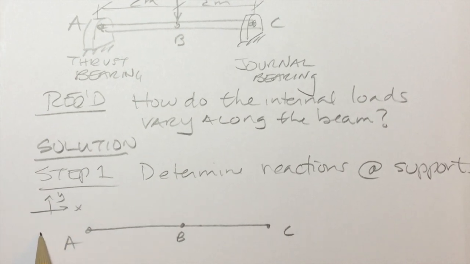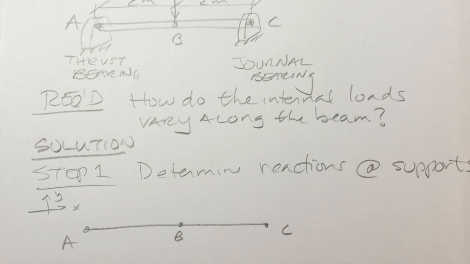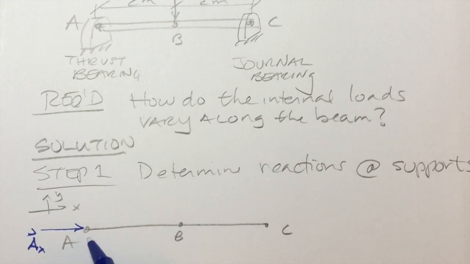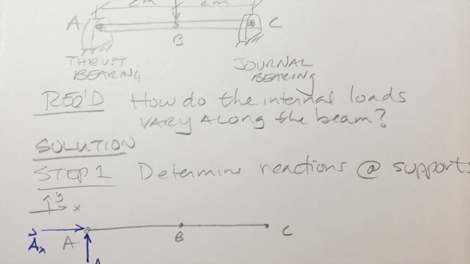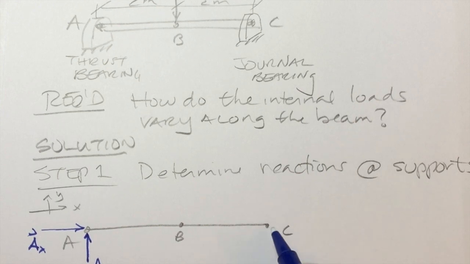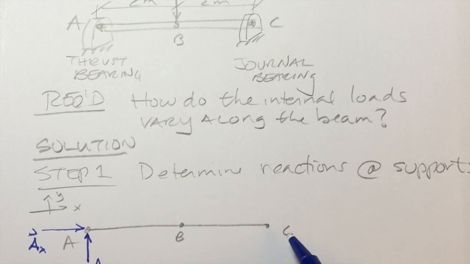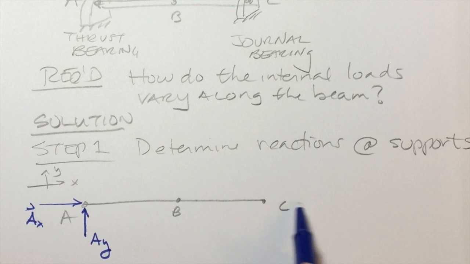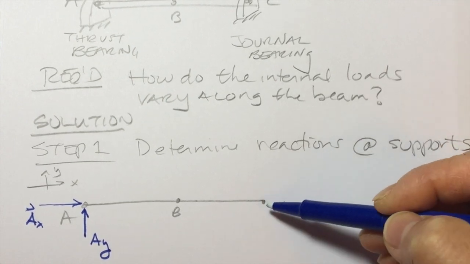Therefore, I will have a reaction force in the X. I'll have a reaction force in the Y. The journal bearing prevents translation in the Y. So the journal bearing allows freedom to move axially, but it prevents translation in the Y.